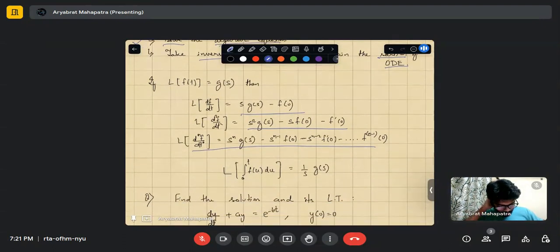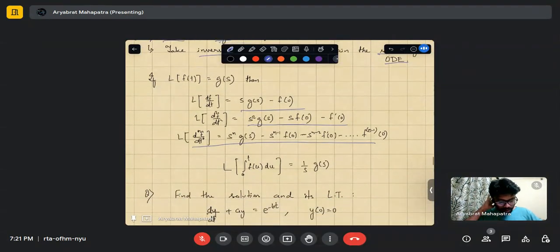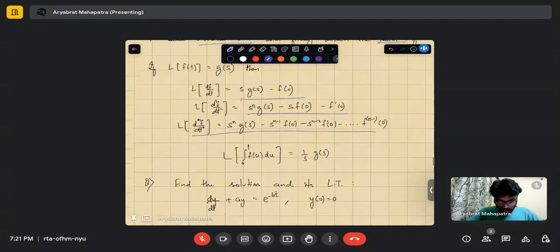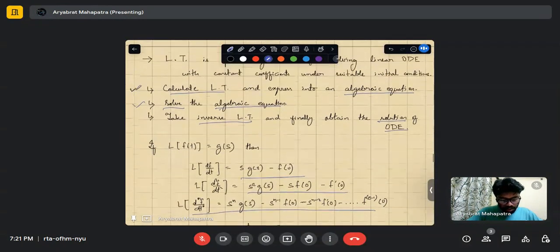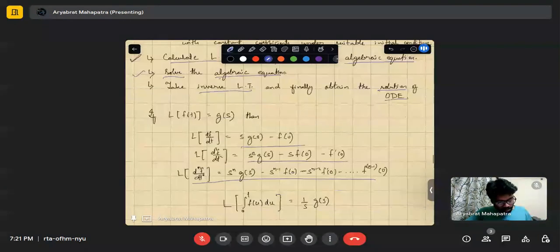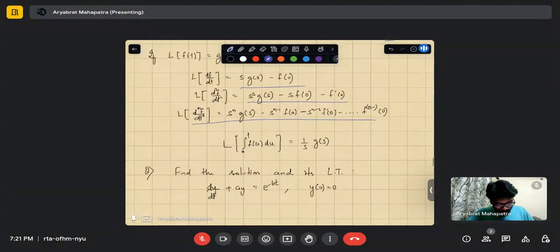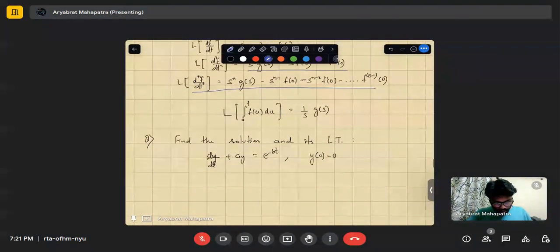These are results which I hope will be taught well by your course instructor. If you are curious about these results, you can check those lectures which are already there on your NPTEL portal. We'll see how one such equation can be solved.